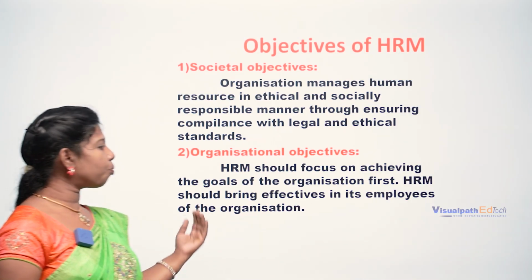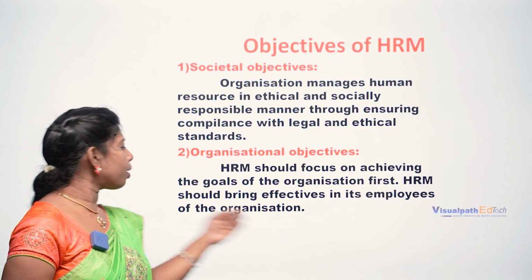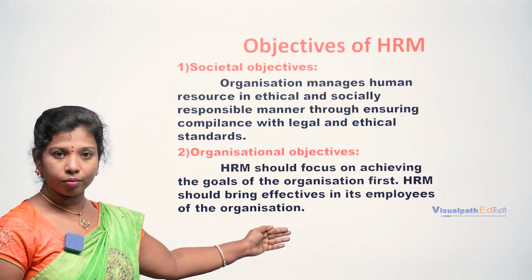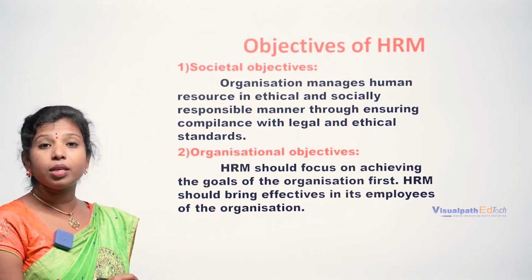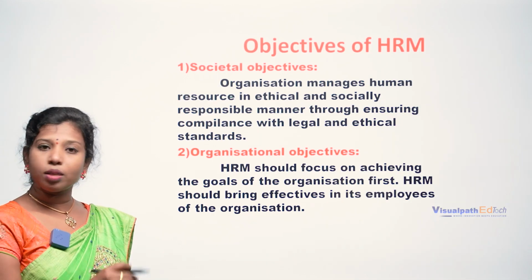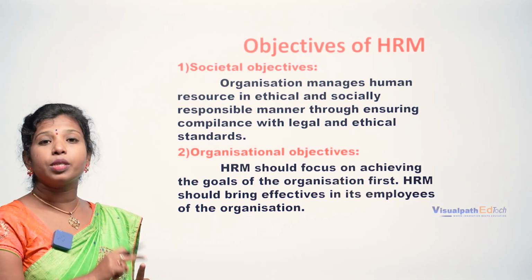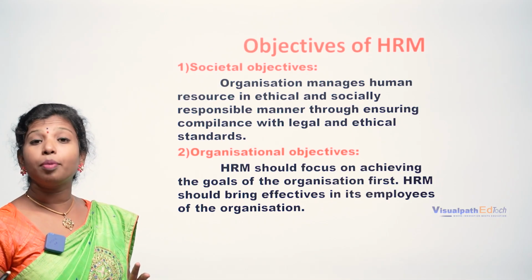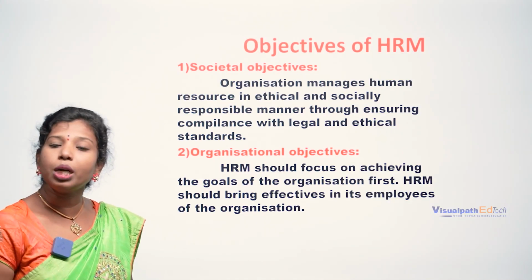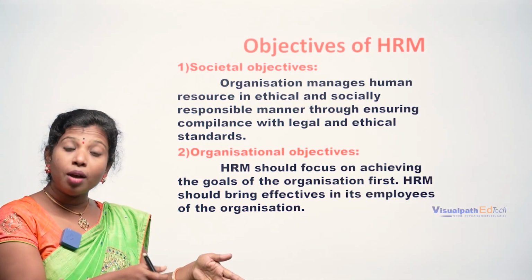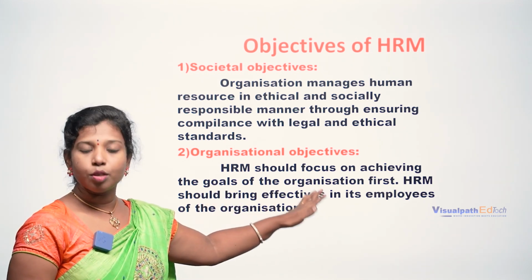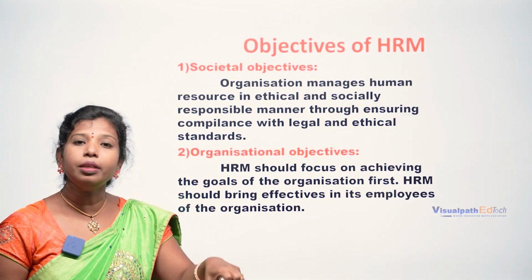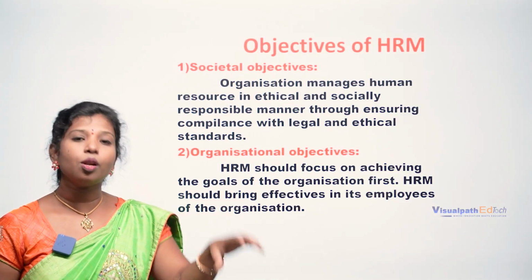So HRM should bring effectiveness in the employees of the organization. To achieve the goal, who is important? Obviously the employees are important. So what's the primary goal? To achieve the objective, from the employees. Means we have to motivate the employees to achieve the objective. That is organizational objectives. So first we have to give preference to achieving the organizational objectives.